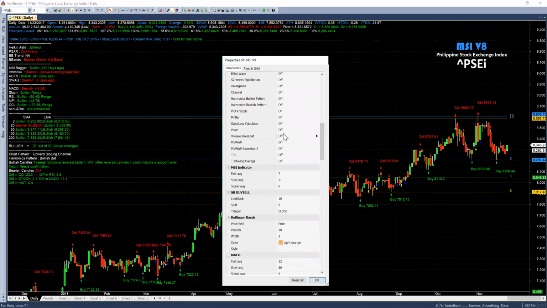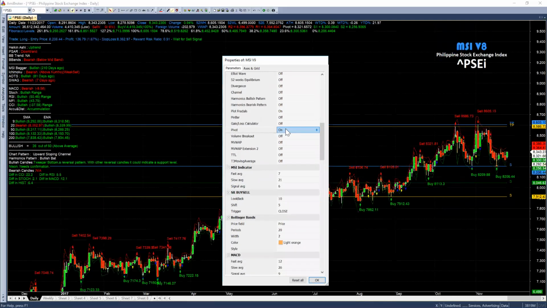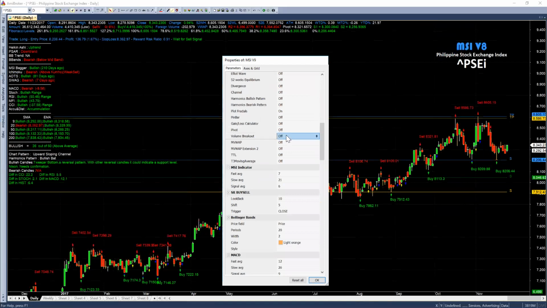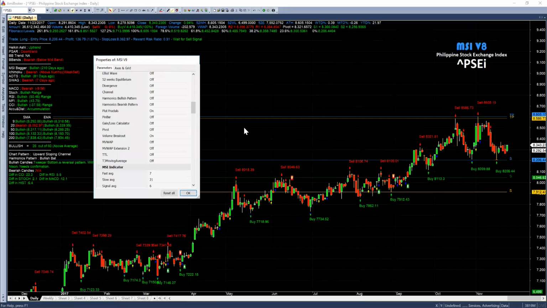Okay, so we already discussed the pivot. We have the volume breakout or yung mga volume spikes represented by this red and white arrow. Volume spike naman pagka green and white arrow below the candles.